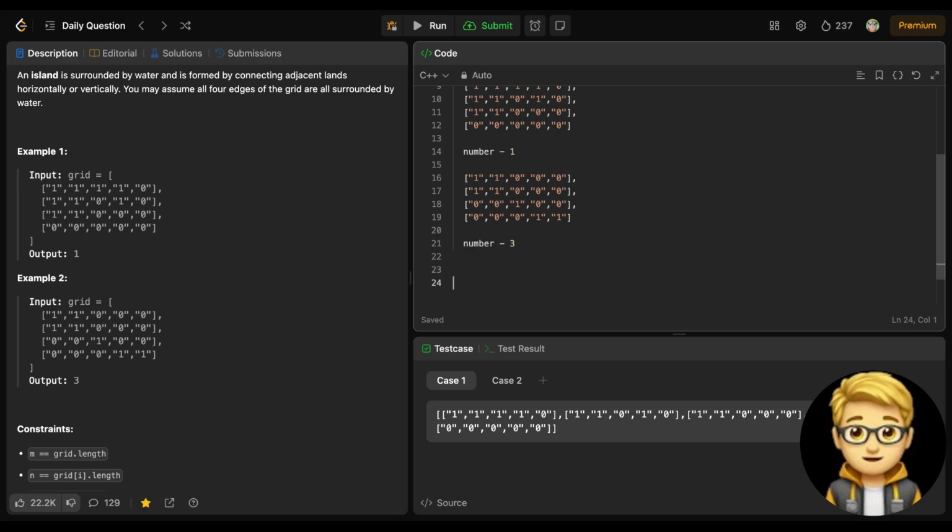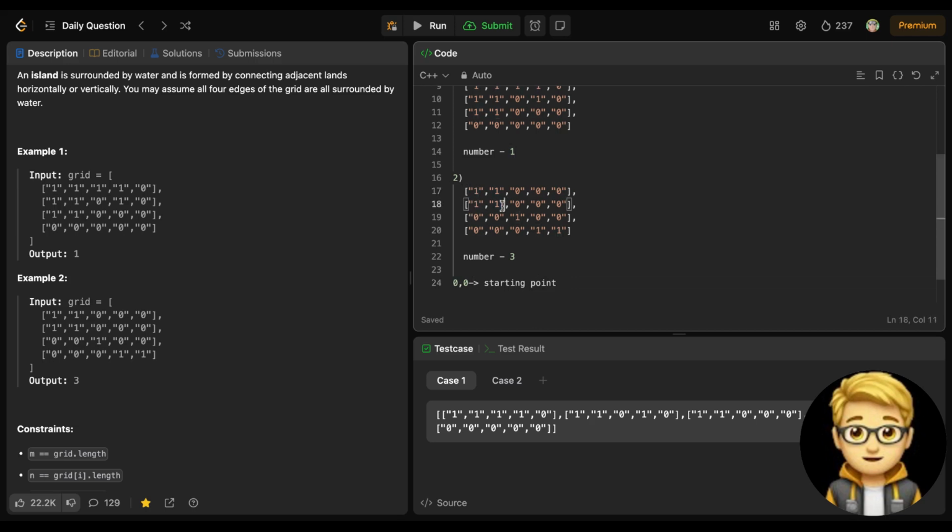Whenever I get a starting point of one, we increment the count. Suppose in this second case, the first starting point will be 0,0. Now I will move in all four directions, which are the other ones.